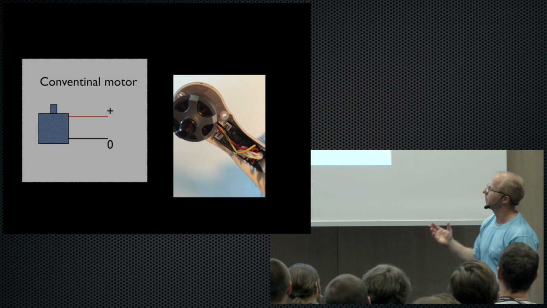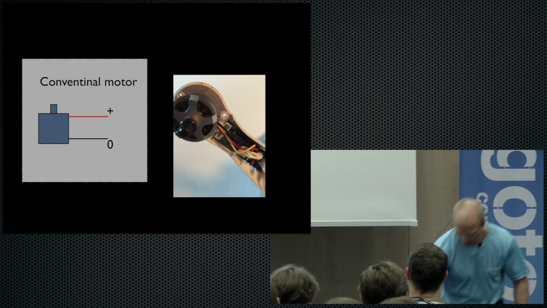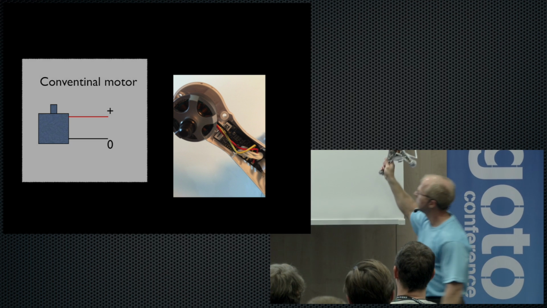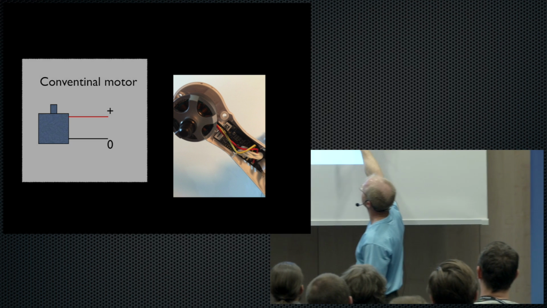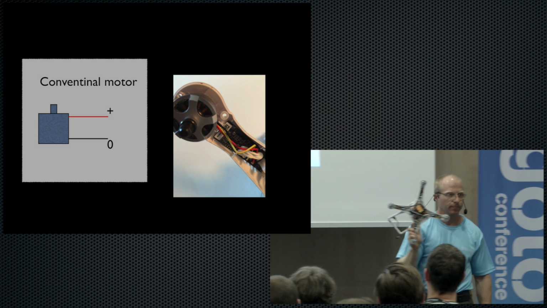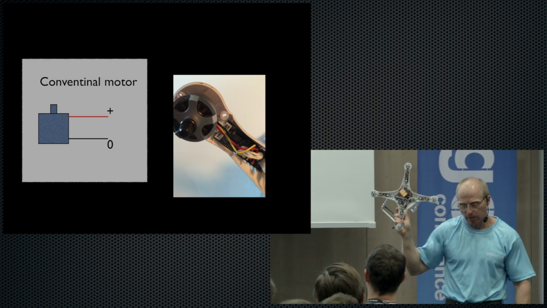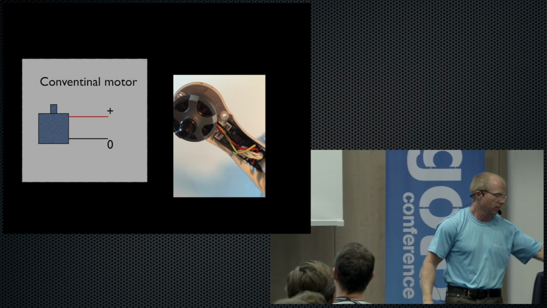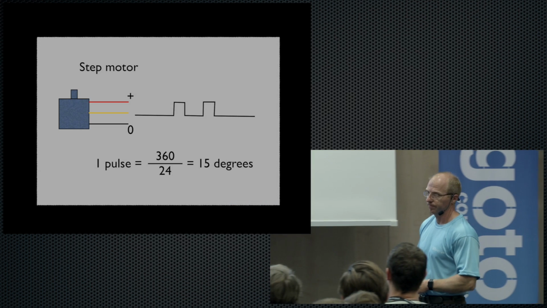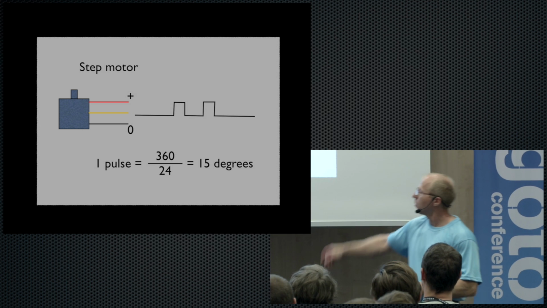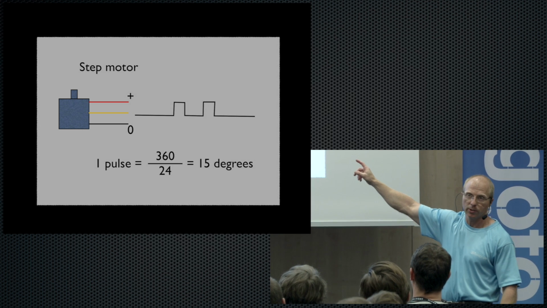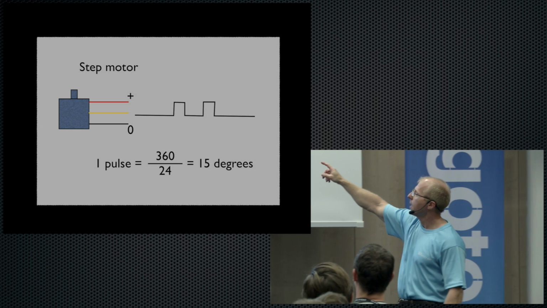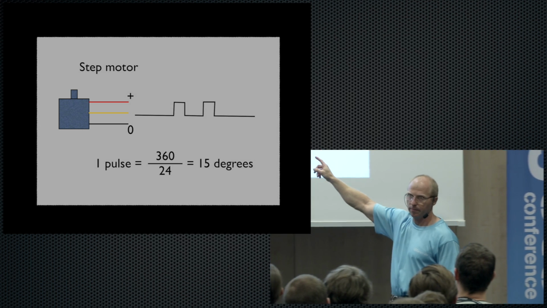It will take time. So when we dismantle this drone here, we see that there are in fact 3 wires on the motor. And this is because these are not conventional motors, what we have here. These are step motors. And a step motor works in this way. I apply a voltage and nothing happens until I apply a pulse on the yellow wire.